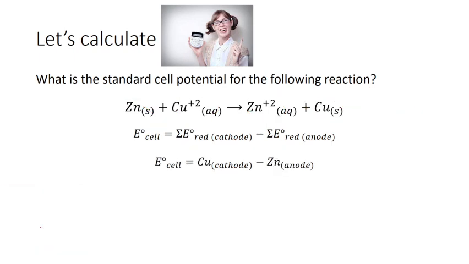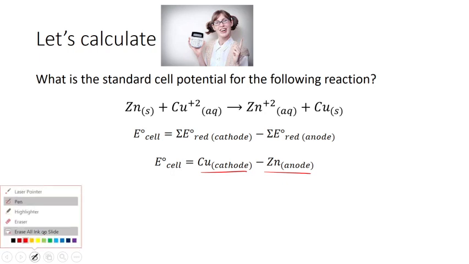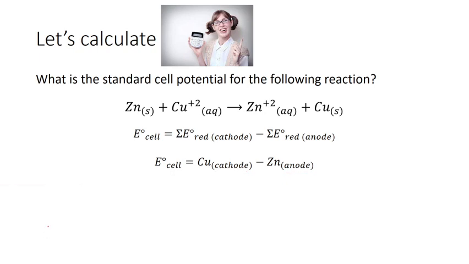So we place those accordingly: copper being reduced at the cathode, zinc being oxidized at the anode. Then we find a standard reduction potential chart, look up the values, put them in, and calculate. It's as easy as that.